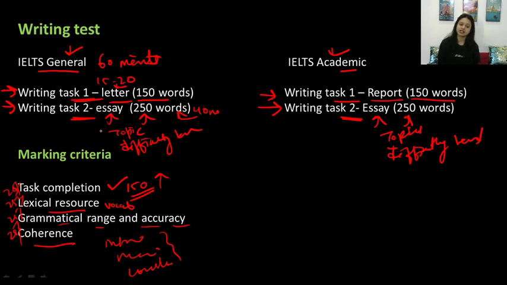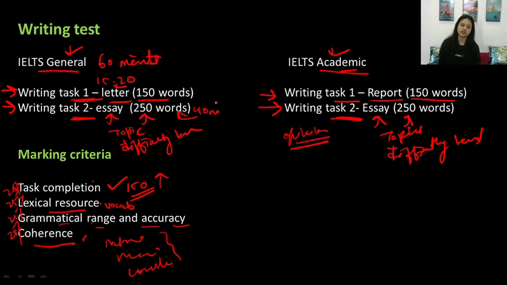Similarly, task 2, essay writing, same marking criteria: task completion, lexical resource, grammatical range, coherence. Topics are on familiar issues like work, education, traveling, family, food, business, environment, etc. Now, in the academic exam, task 2, of course essay writing, same, 250 words, but the topic is a little bit more technical, and they're always asking for your opinion, always asking for your response.